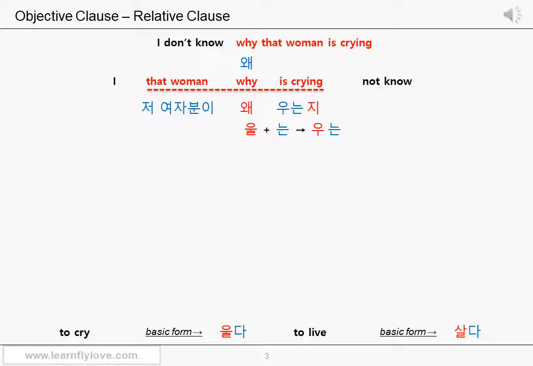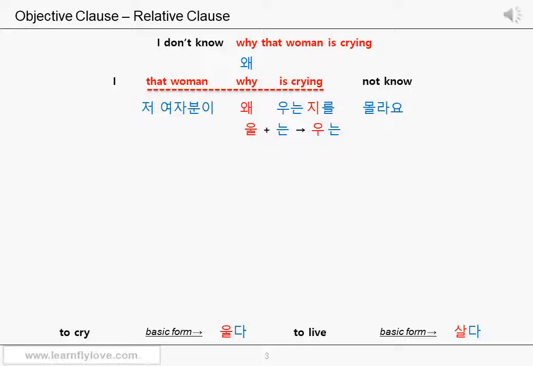This that woman, why, is crying part is an object of the verb know. So let's add the object particle 를. 저 여자분이 왜 우는지를 not know, 몰라요. 저 여자분이 왜 우는지를 몰라요.